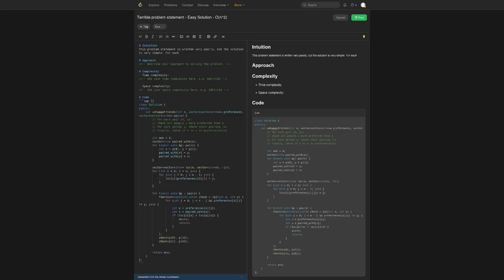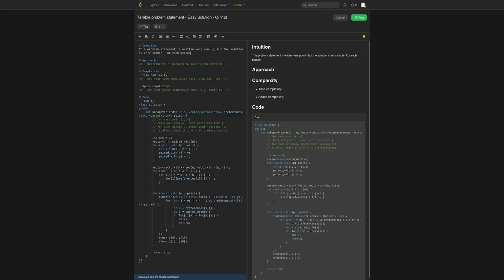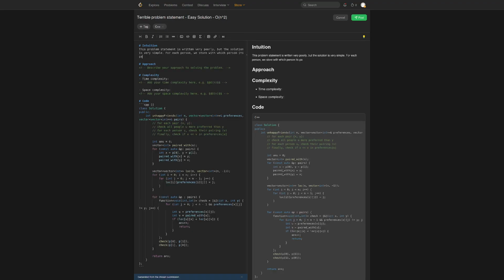For each person, we store which person it's paired with in a paired-with array.